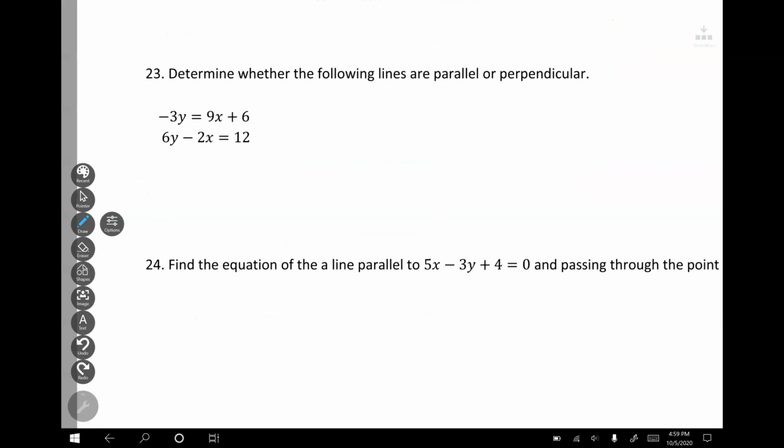23, determine whether the following lines are parallel or perpendicular. For this, I would recommend solving for y to get y equals mx plus b, slope-intercept form, so that you can see the two slopes and determine if the lines are parallel or perpendicular. For this first one, I'm going to solve for y by dividing by -3. Okay, so the slope on the first one is -3. Do the second one.